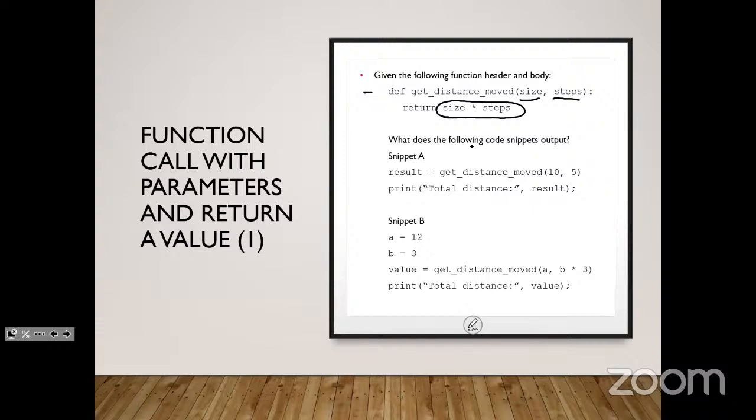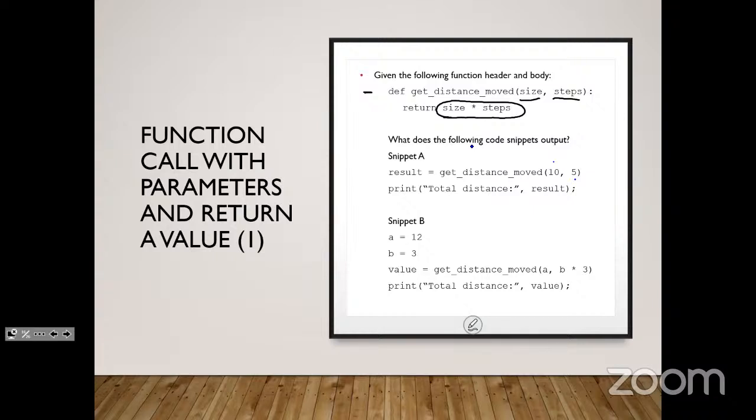So in snippet A, result equals get distance moved. And this time we're going to put in 10 for the size, and we'll put in 5 for the steps, right? So based on what I know about writing code, it should return 50, right? Yes.